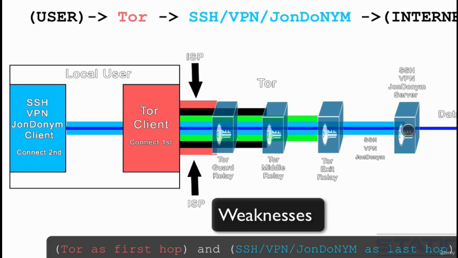Before this, three-layer multiple hops are connected, and the local user or Tor client first goes to Tor guard relay, and of course with the help of ISP, but in the last, SSH, VPN, JonDonym server stopped, and SSH, VPN, and JonDonym server are the best protection against local user Tor client.